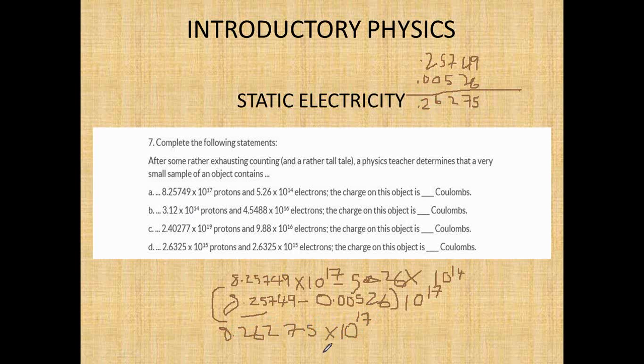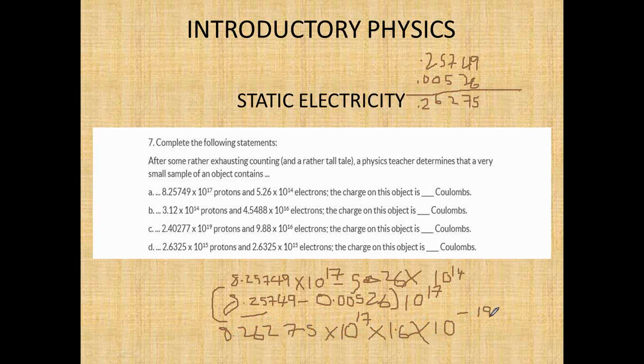To get the charge, remember each proton has a positive charge of 1.6 times 10 to the power minus 19 coulombs. So you have to multiply this by 1.6 times 10 to the power minus 19 to get the total amount of charge, because you have the number of protons and you know the charge on each proton, so you just multiply them.